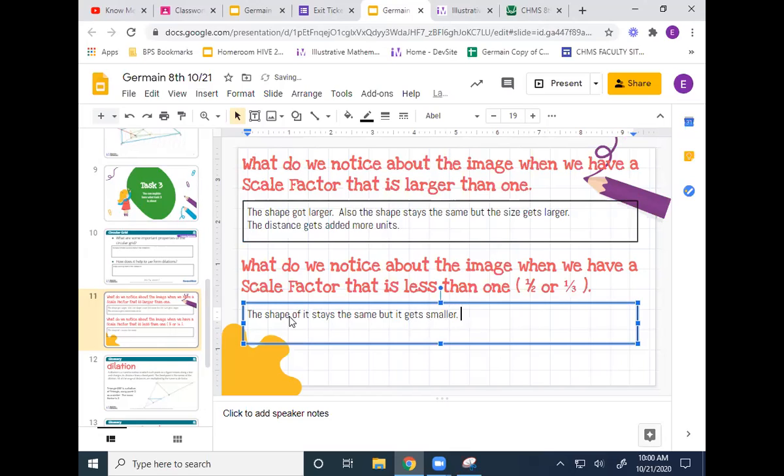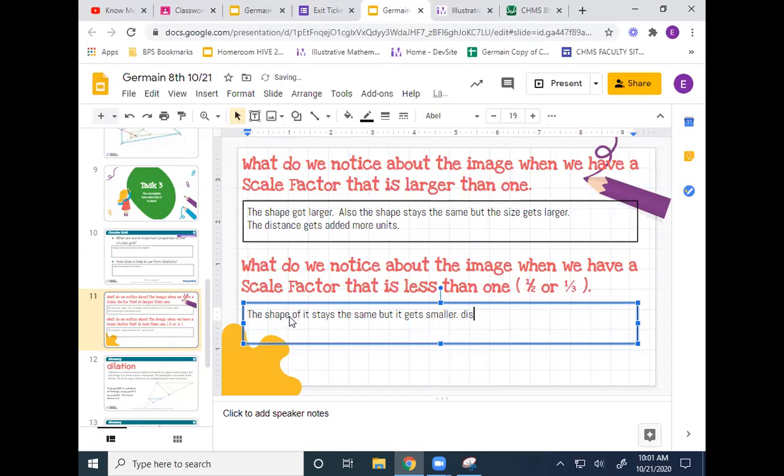Exactly. Did anybody else notice anything different when they looked at an image that had a scale factor less than 1? What else did we notice here? More units are taken away. So distance units are taken away. Awesome job, Edgar. I like the way that you're looking at that. That's a good way of looking at it.